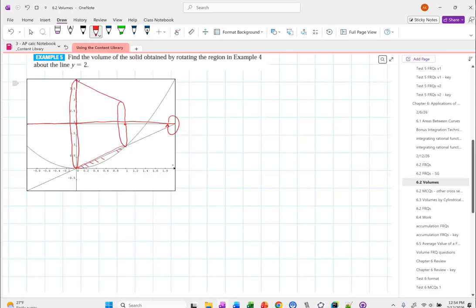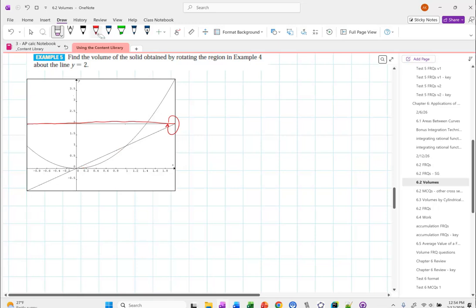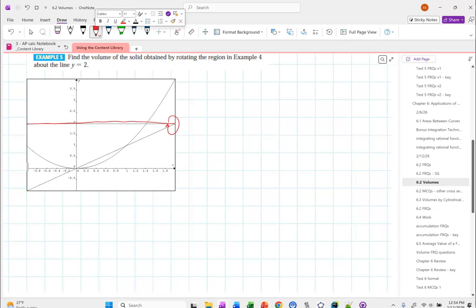And then the outer function is this curve, so it's going to be like a fat guy. And because there's a gap here in between the function and the axis of rotation, I know that these openings, it's like an opening through the middle now. Okay. Does that feel okay? Yeah. Again, once you've done a couple of these, it gets easy to visualize it, but I acknowledge in the beginning it's quite difficult.